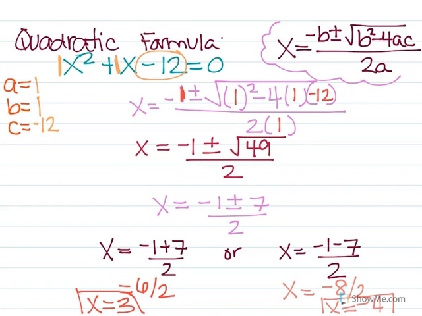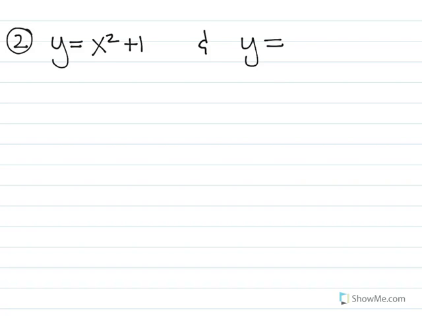Okay, on to question 2, our final question. For question 2, we have the equations y equals x squared plus 1 as our quadratic, and our linear equation is y equals x plus 1.